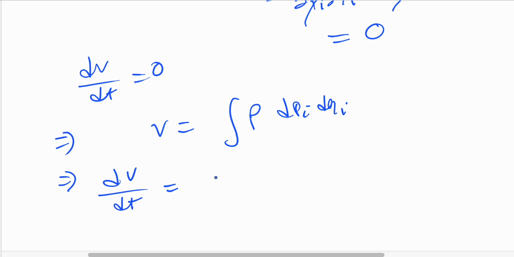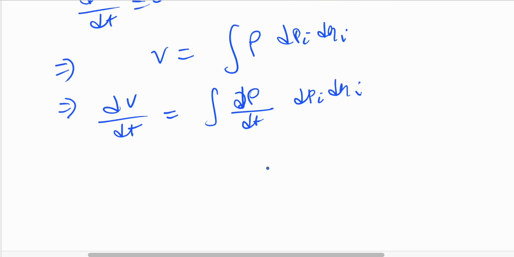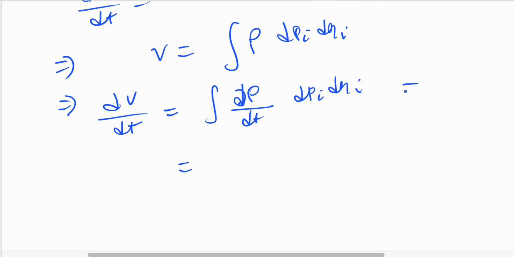Since it's an integration over dQi, we can write the time derivative inside like this. Hence we know that this is 0.